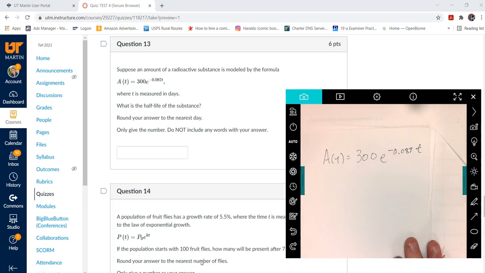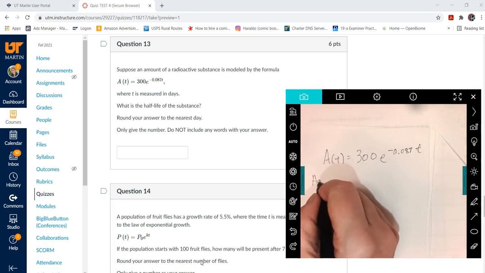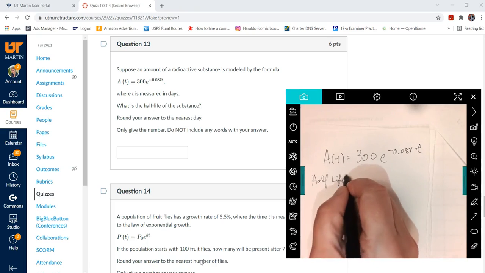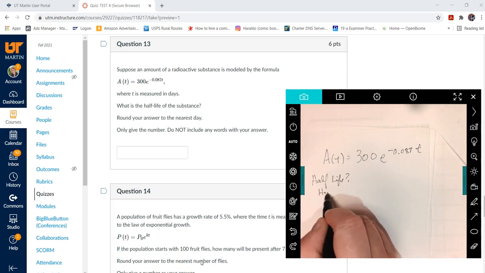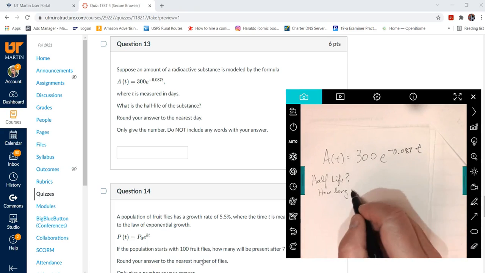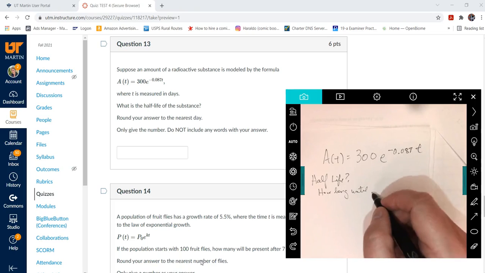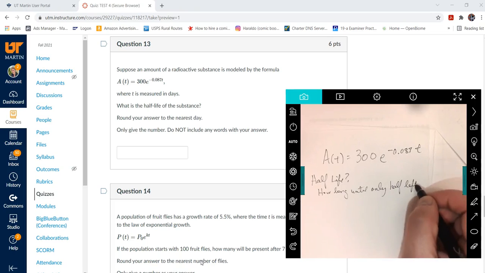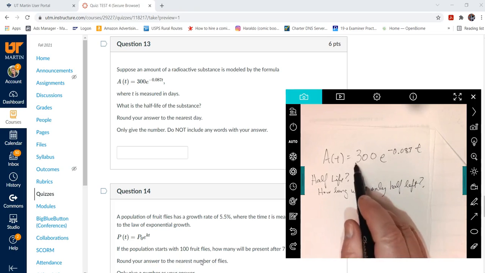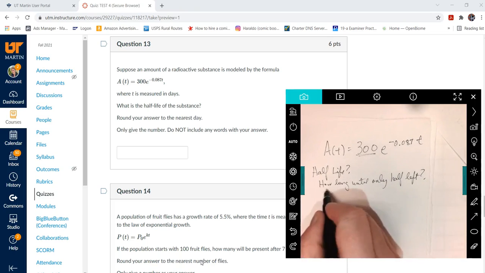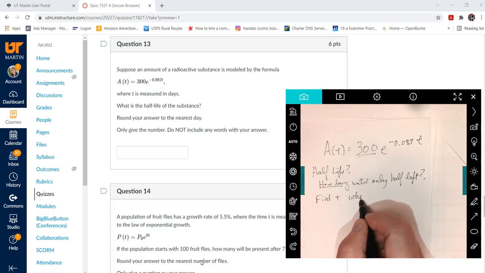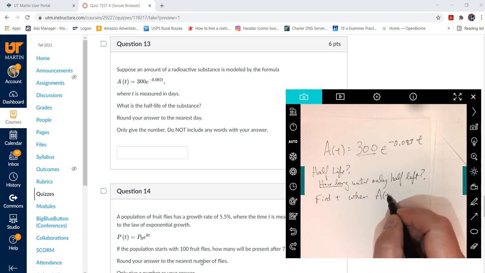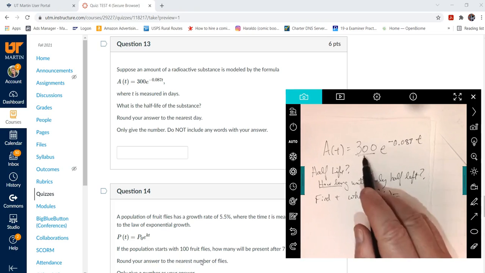And we want to know the half-life. So that means how long until there's only half left. Well, what did we start with? We started with 300. So how long means find t when the amount after time t is half of what you started with.